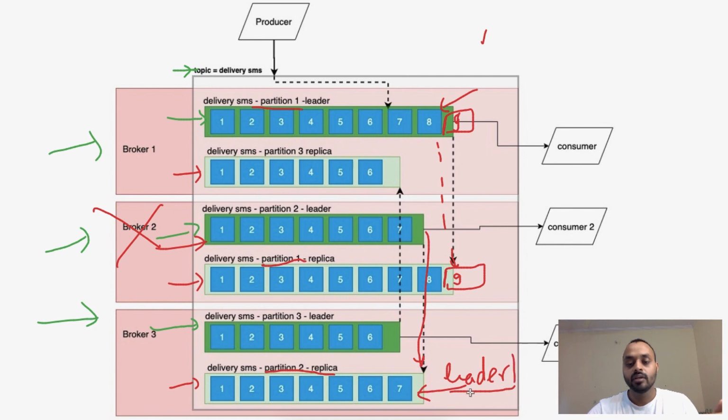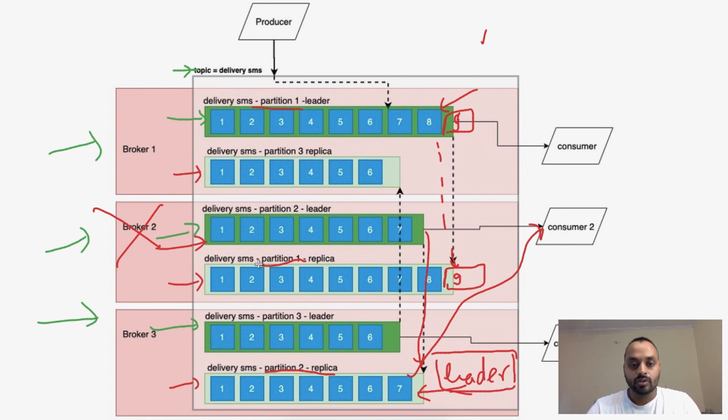This will happen via leader selection, and Zookeeper comes into the picture, but we will talk about this in later videos, in an in-depth video about failover and leader selection. This will become leader, and this consumer will start reading from here.